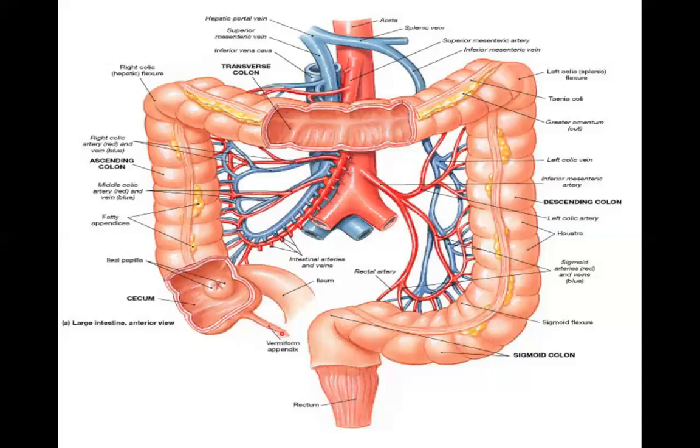The appendicular artery lies exactly on the border of the appendix in the appendicular mesocolon, and it is an end artery. So sometimes when it is occluded, gangrene or appendicitis can occur.